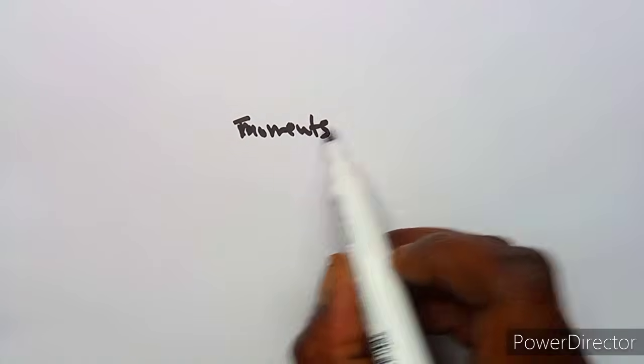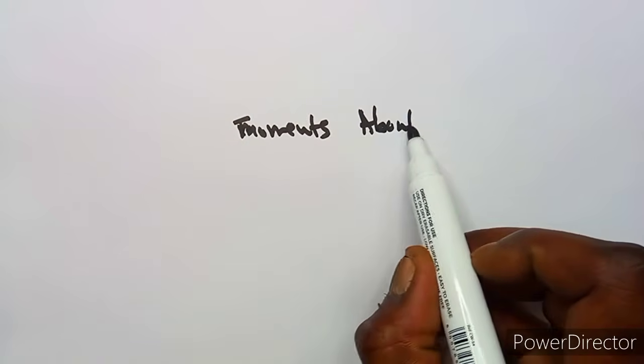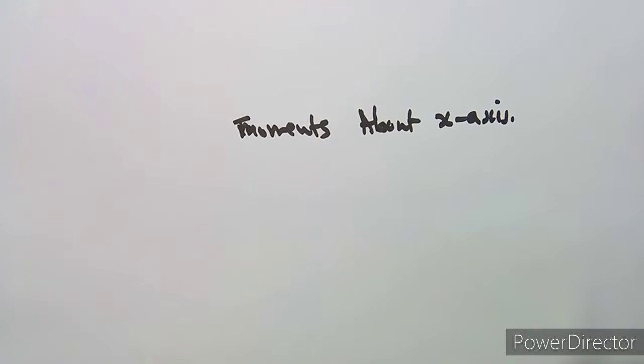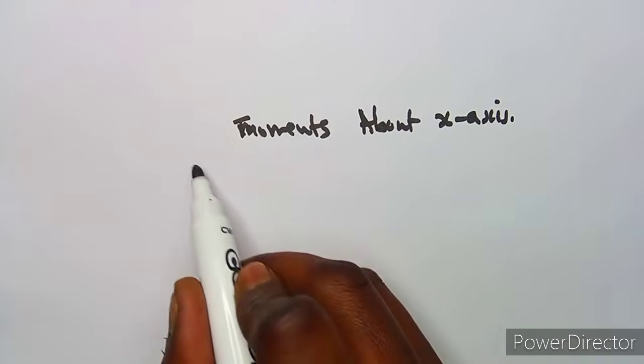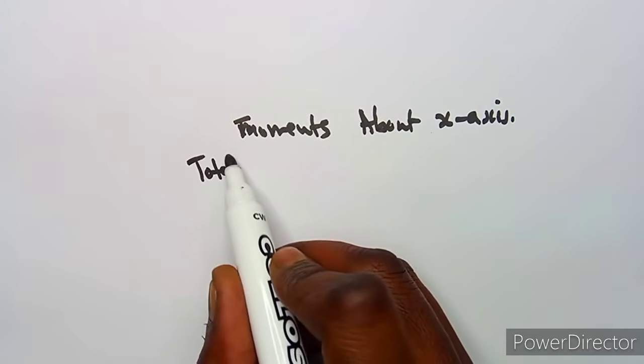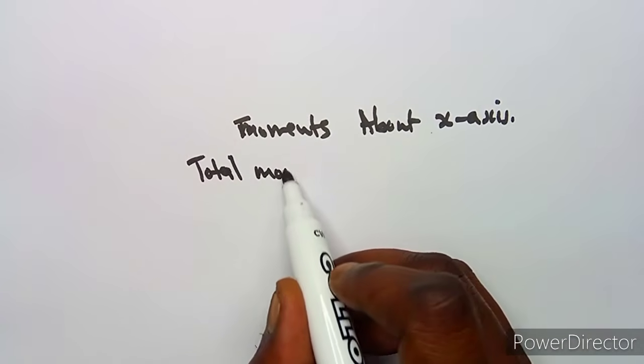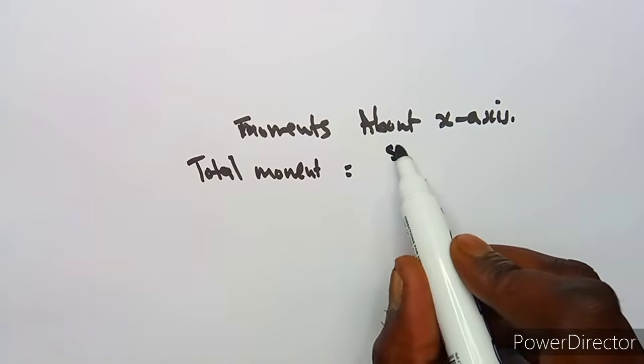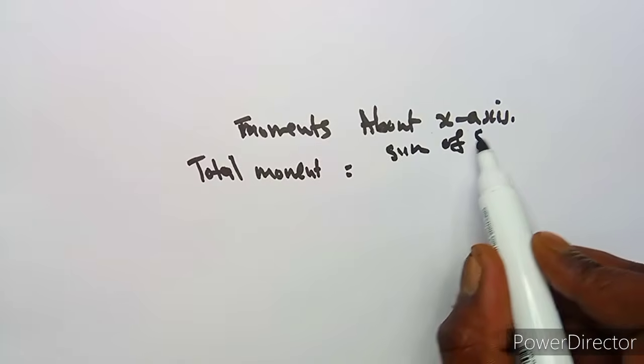If we are to take the moment about the x-axis, what you are going to do is calculate the total moment, which is equivalent to the sum of separate parts.